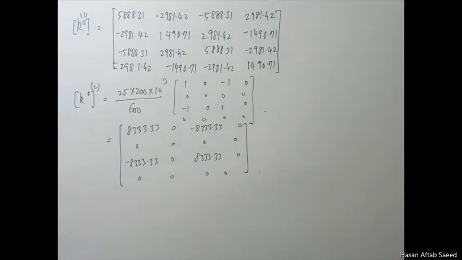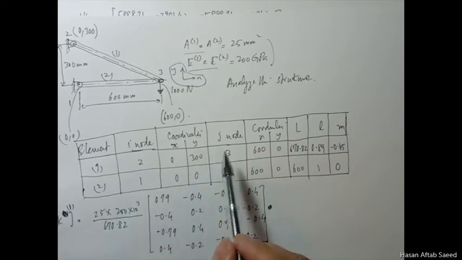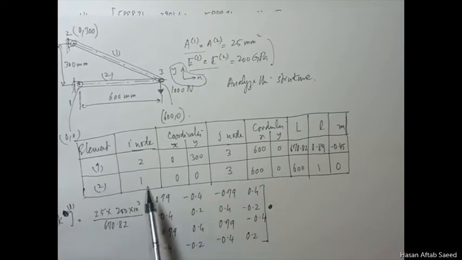Now it comes this time to assemble the two. When we talk about the connectivity, element 1 is linked with node 2 and node 3, and element 2 with node 1 and node 3.